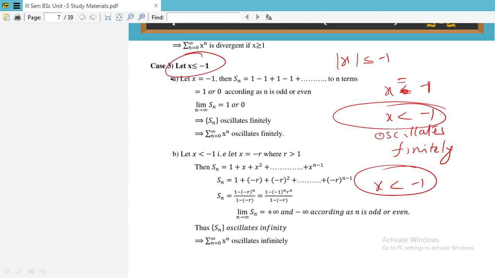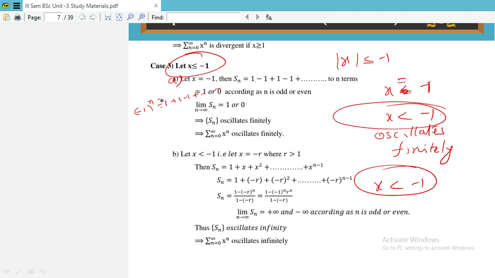First case, x equal to minus 1, then Sn is equal to 1 minus 1 plus 1 minus 1 and so on. That means Sn is 1 or minus 1 according as n is odd or n is even.